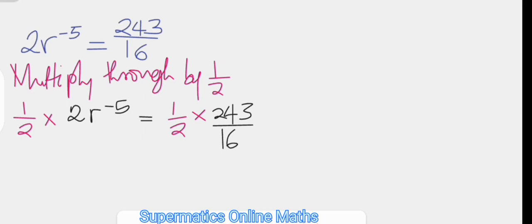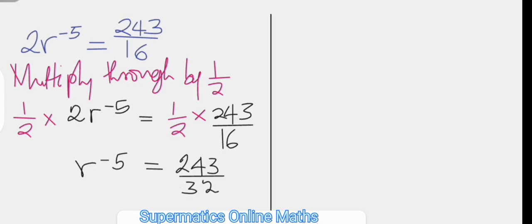When we multiply by half, we are going to be left with r to the power of -5, and on the right hand side it is 243 over 32. R to the power of -5, that's a negative exponent. It becomes 1 over r to the power of 5, and on the right we have 243 still over 32.